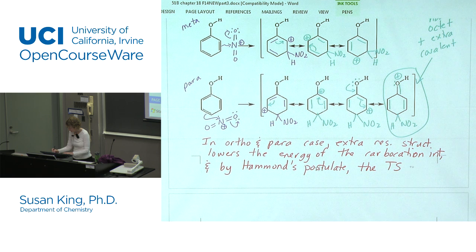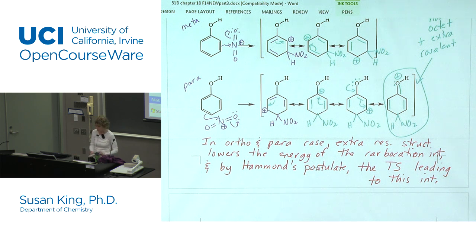The transition state leading to this intermediate. That's a lower energy pathway. Since this is a high energy of activation for that first step, it makes sense that the ortho and para pathways are going to be better.